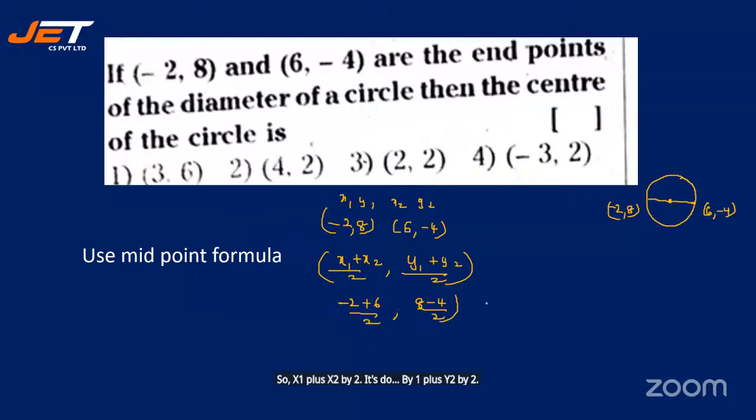So 6 minus 2 is 4 by 2 is 2. 8 minus 4, 4 by 2 is 2. So your answer must be option 3. Hopefully it is right. Let's see.